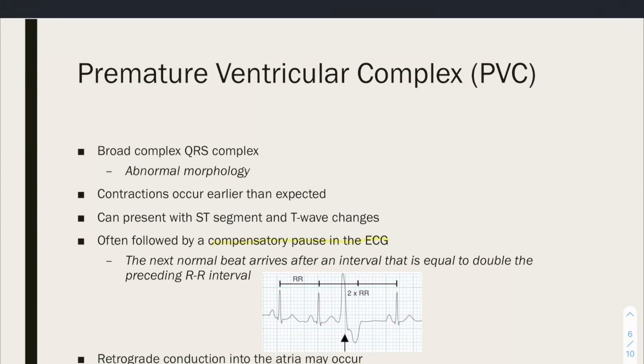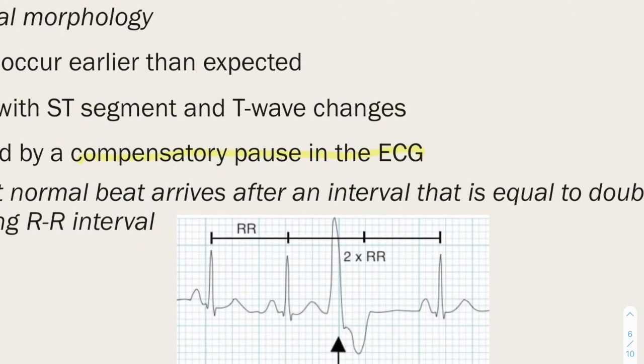So you might see a pattern where there are two normal R waves, and then you have a PVC like this one here. And then you'll have a long pause after the PVC until the next beat. A rule of thumb is that the duration of time after the PVC is usually 2 times the normal RR duration.